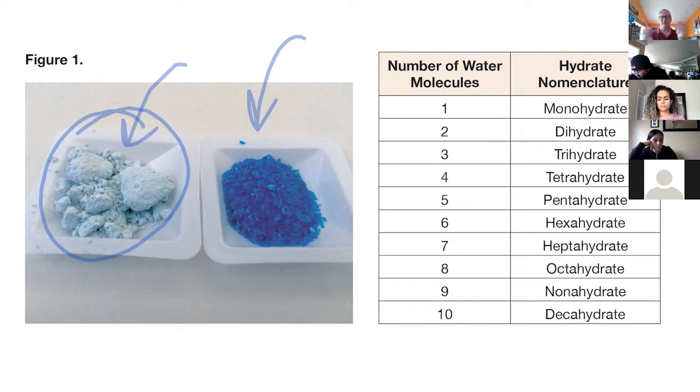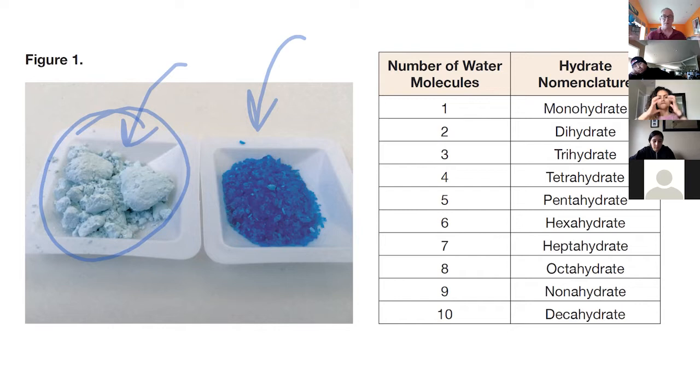It's sort of like stuck together, and you don't see the regular crystal formation that you would see in the hydrate. And every salt has a specific number of molecules of water that form when they crystallize.